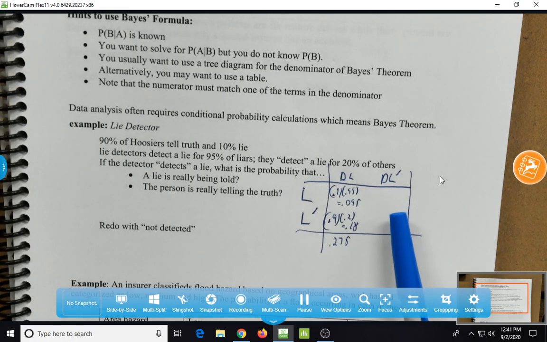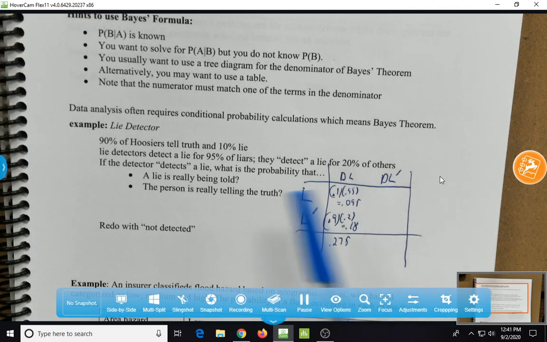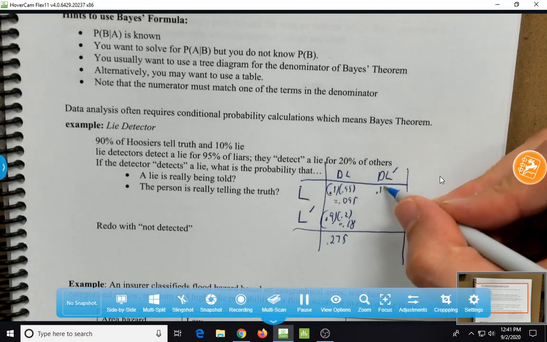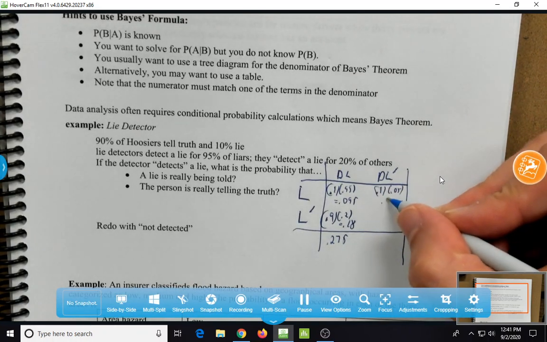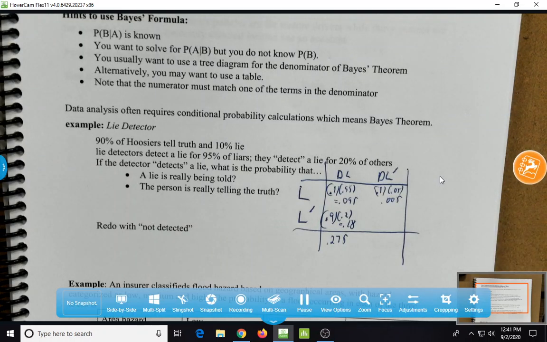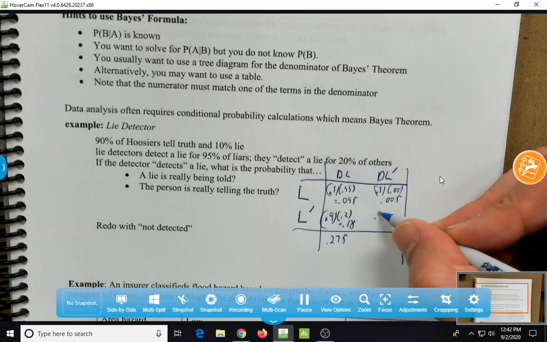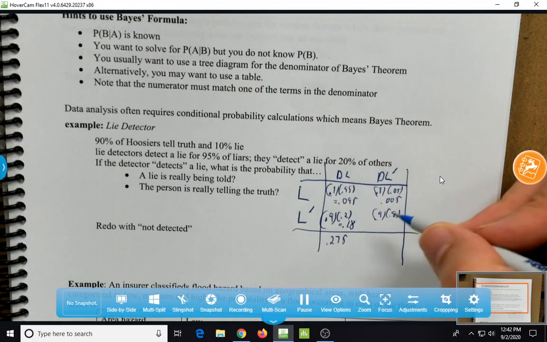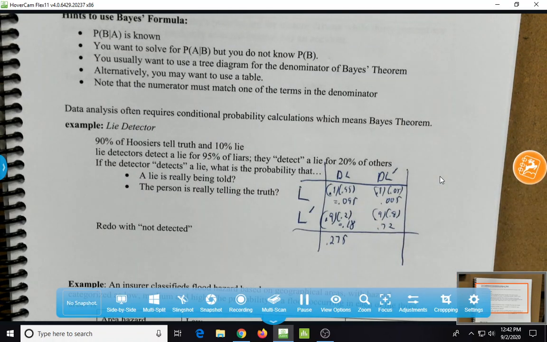It doesn't detect a lie for 5% of the 10%, which is 0.005. And for those who tell the truth, 90% of them, 80% of the time it does not detect a lie, for 0.72.